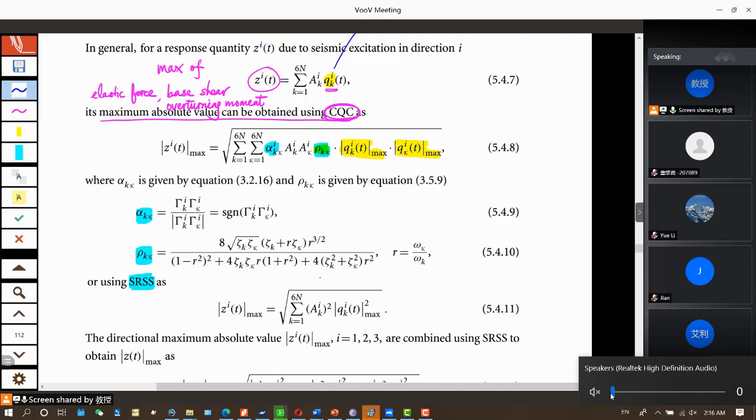When they are not close, the coefficient of correlation would be very small, so you can drop the cross terms. Then we only have these square terms left. So that's SRSS, and the procedure is very easy. We look at an example to illustrate.